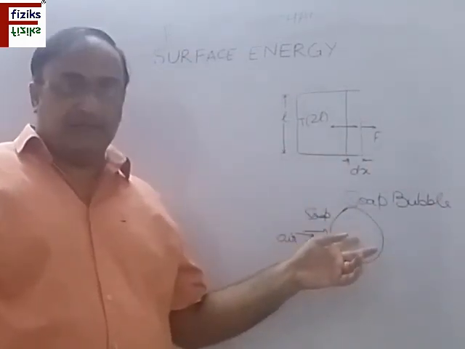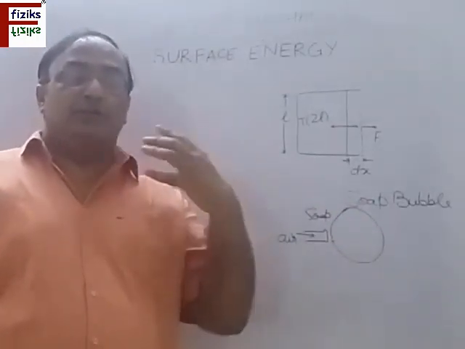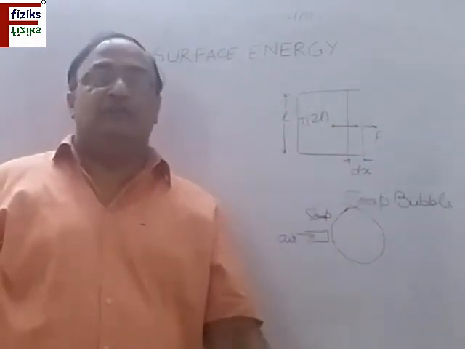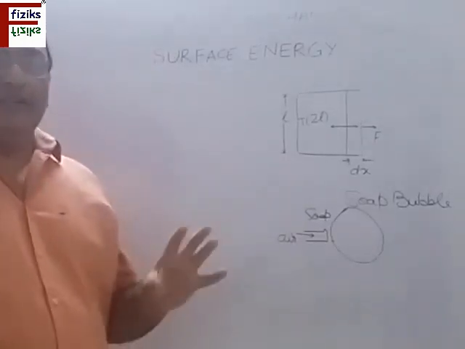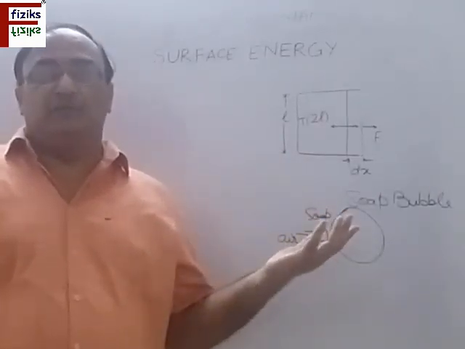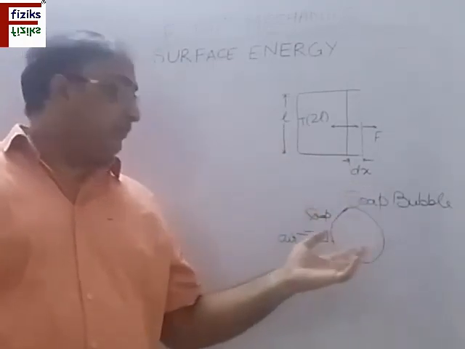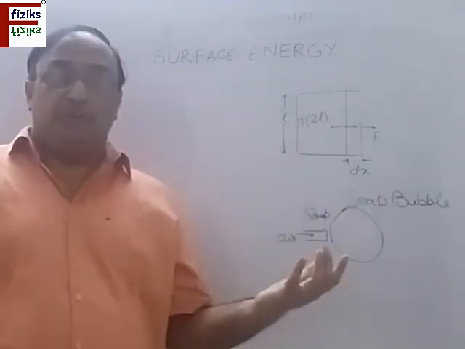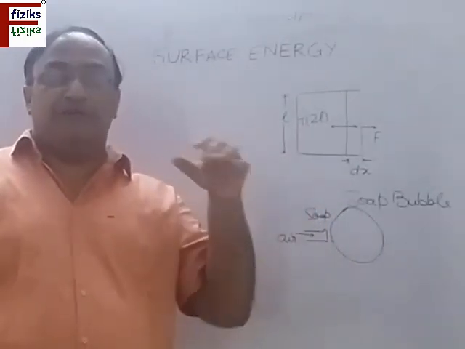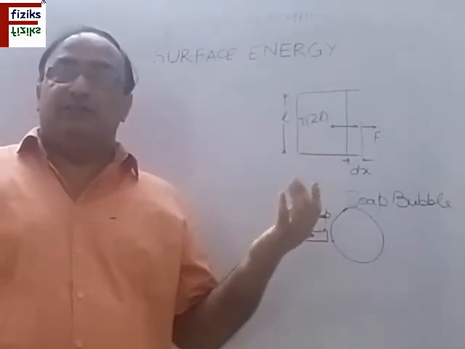And if this surface breaks, then this energy is released. That's why you experience the water droplets moving in all the directions when the surface breaks, because of the release of this energy. And in fluid machines like turbines in power plants, this energy is released when the bubbles of air in the machine break, leading to the formation of sound waves traveling with the speed of sound, and they are so dangerous that they can destroy the whole machine.